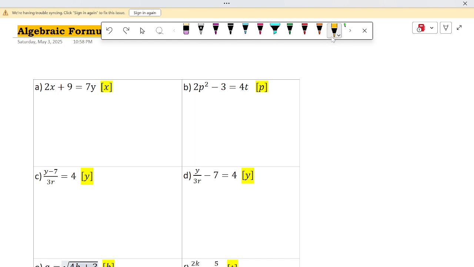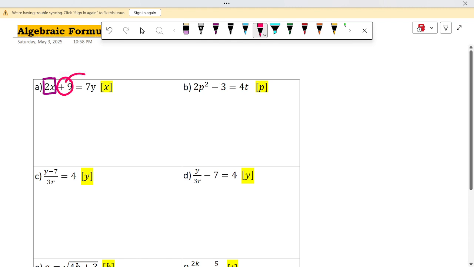Okay, so let's start with question A first. As you can see, 2x plus 9 equals 7y, and we are going to express x as our subject. So to express x as our subject, what are we going to do? We're going to shift one by one. So this 2x will remain here. And what will we shift first?